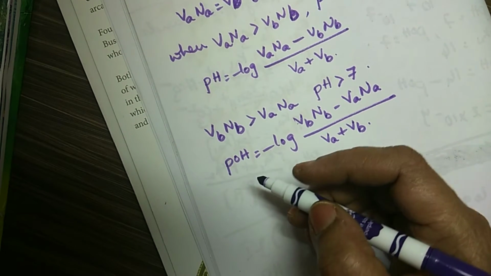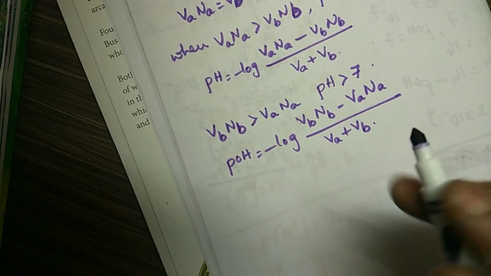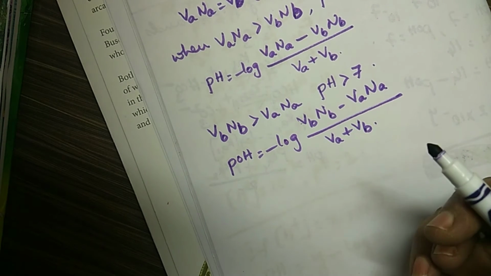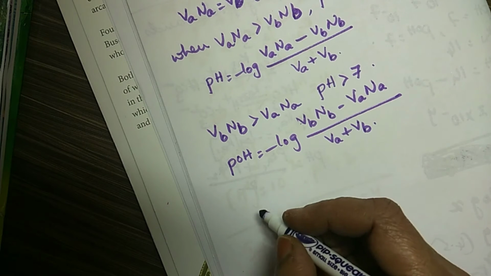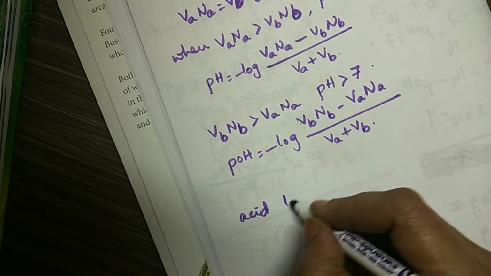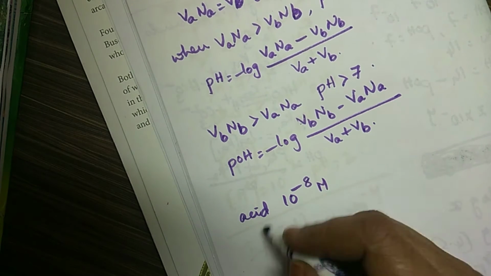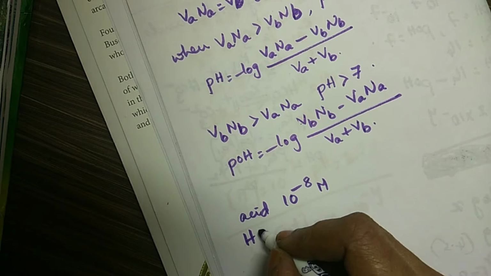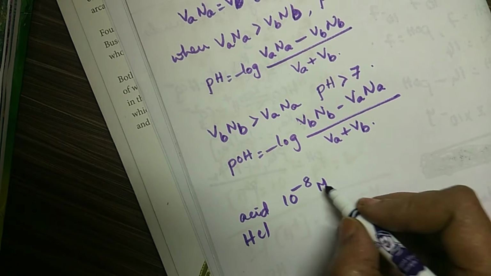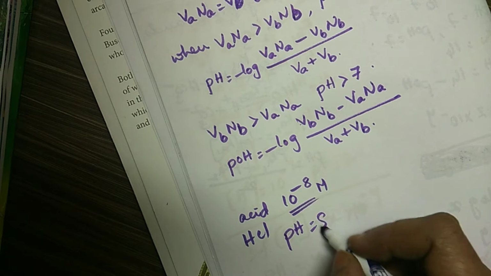Next, for an acid of very low concentration, for example, if HCl is taken at 10 power minus 8 M, then what will be its pH? By calculation its pH is equal to 8.